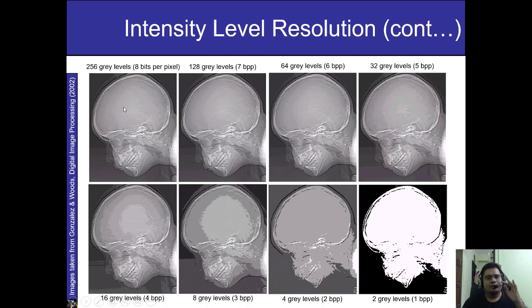There are no drastic changes like with 4 bits or 3 bits per pixel, which you can see very obviously. With 8 bits, the changes are very smooth. So increasing the intensity level resolution beyond 8 bits is not worthwhile.